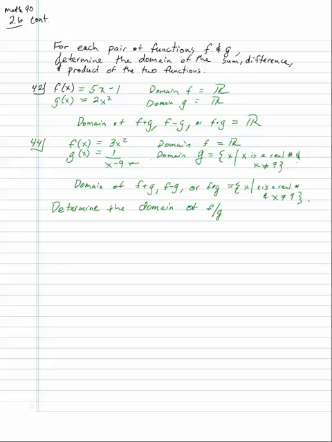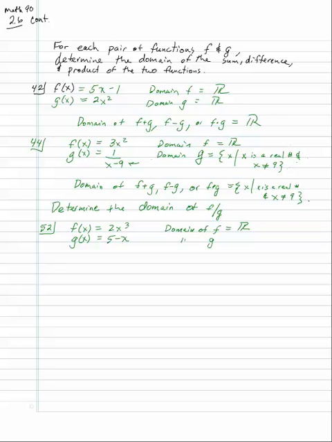Alright, let's try to find the domain of f divided by g. So for 52, f of x equals 2x cubed, g of x equals 5 minus x. Now our domain for f is a set of all real numbers.